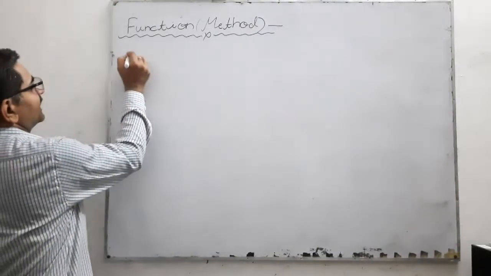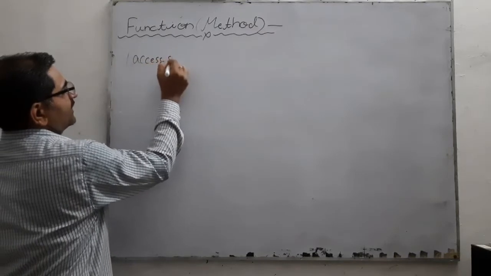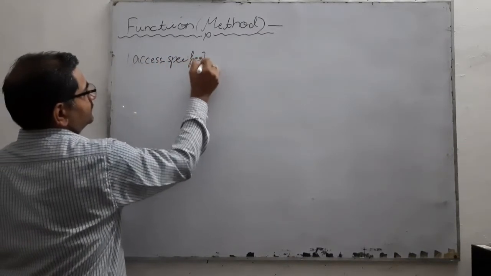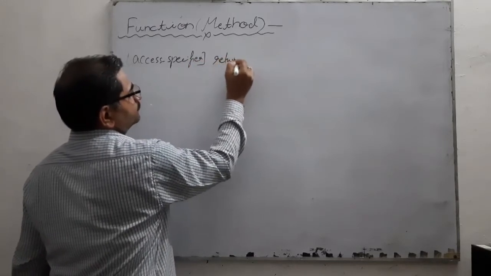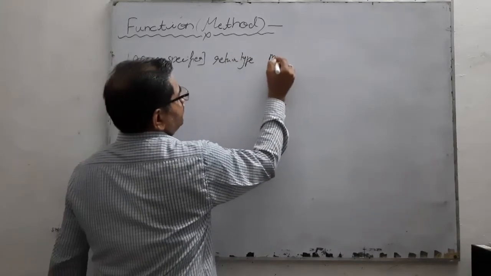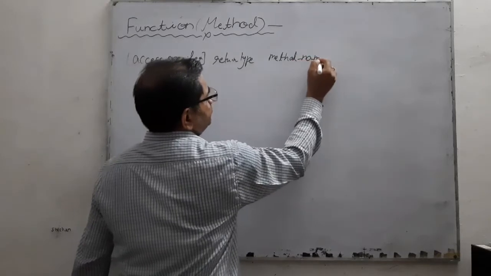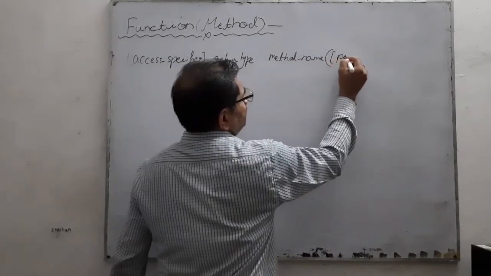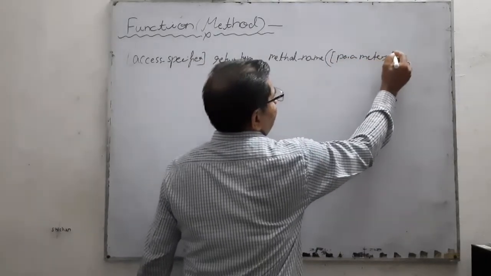Here we take an access specifier, then return type, then method name, and here we can also take parameters.